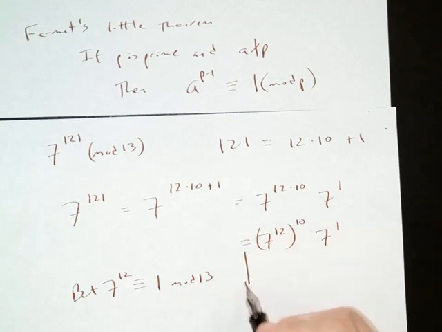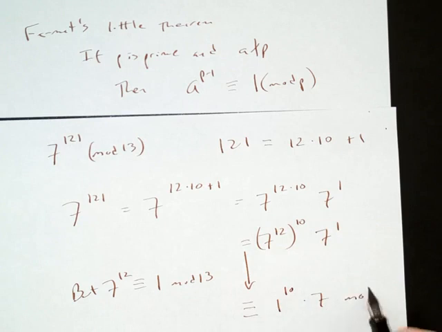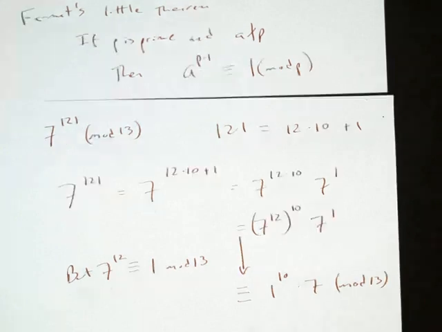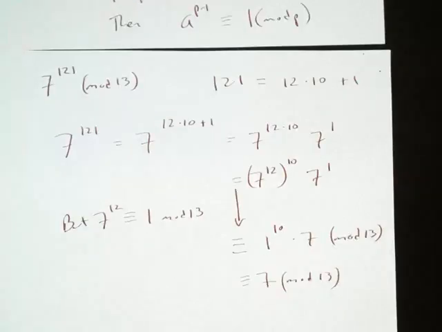And that means that this is congruent to 1 to the 10th times 7 mod 13. 1 raised to any power is 1. I have no idea what 7 to the 121st power is. That's a hundred-and-some-digit-long number. When I divide it by 13, the remainder is 7.